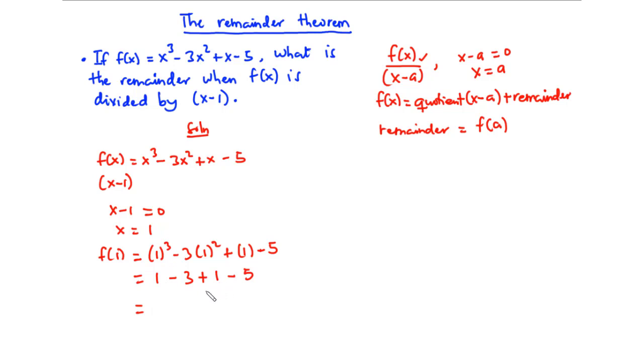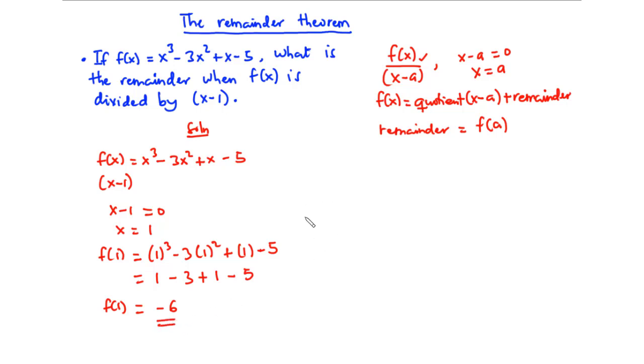Negative 2 plus 1 is negative 1. Negative 1 minus 5 is negative 6. So when x cubed minus 3x squared plus x minus 5 is divided by x minus 1, we have the remainder to be negative 6.